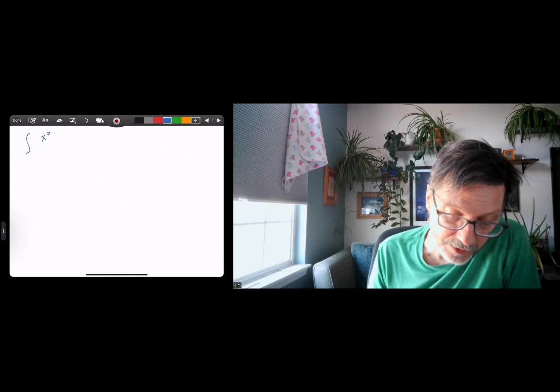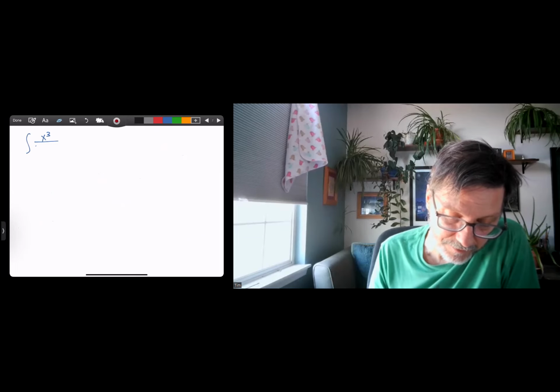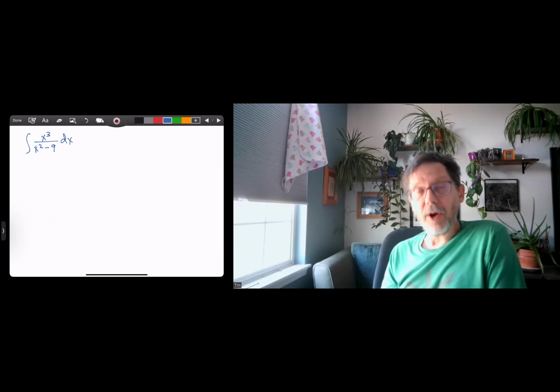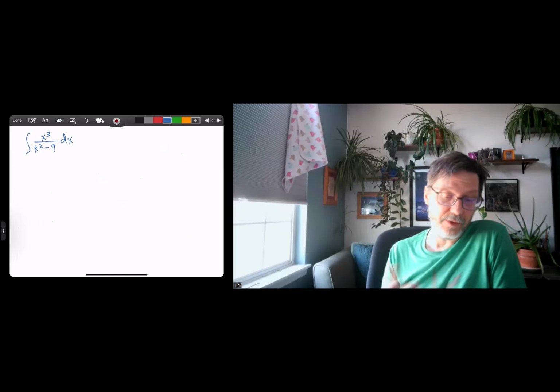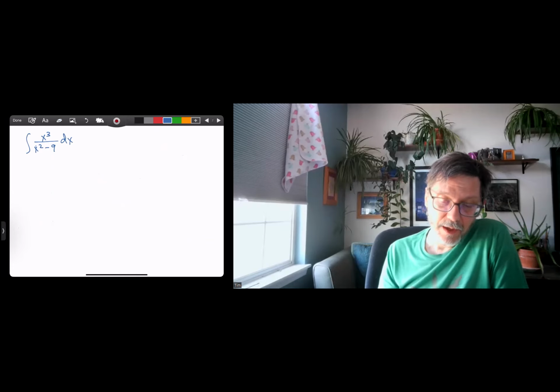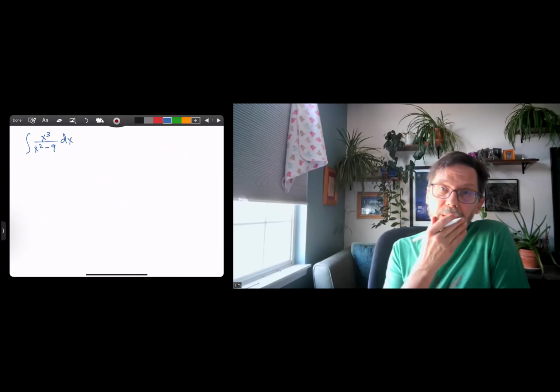So we started like this, and I am going to leave the bottom unfactored. I can't use partial fractions because the degree of the numerator is 3, degree of the denominator is 2. So what I have to do first is long division of polynomials.